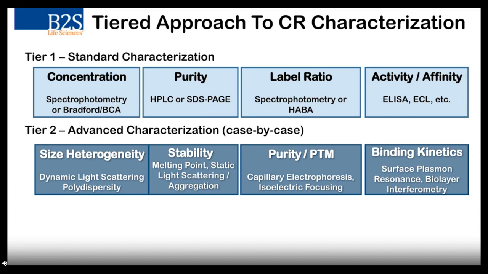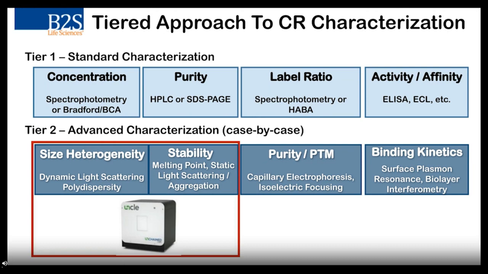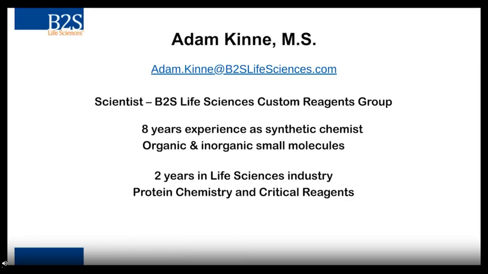When we need advanced characterization, when issues arise, when questions develop, we then have a set of advanced tools in which we can assess size heterogeneity, stability, purity, and binding kinetics. And as I said, the Uncle platform is a key element in that advanced testing.